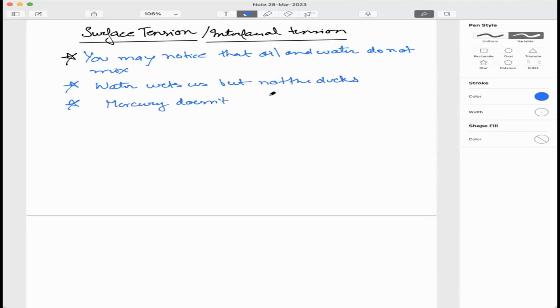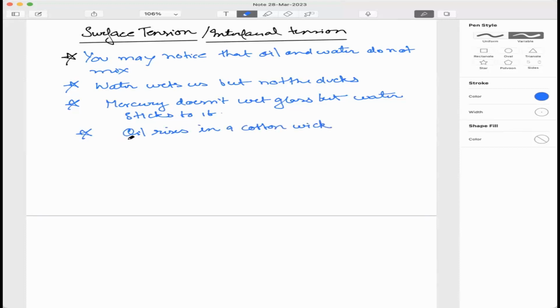Mercury does not wet glass, but water sticks to it. Oil rises in a cotton wick. You can see that if we just put this thin wick of cotton in oil, it rises.